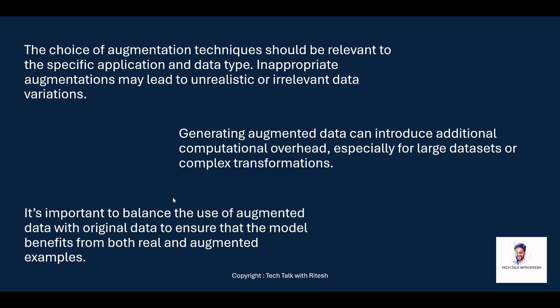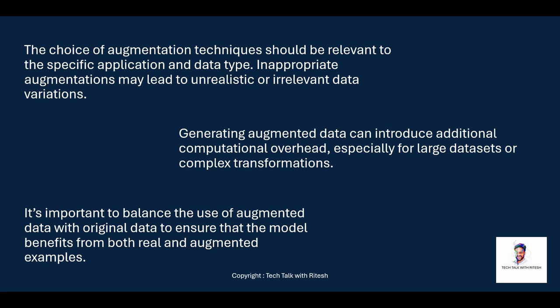The choice of augmentation techniques should be relevant to the specific application and data type. Inappropriate augmentations may lead to unrealistic or irrelevant data variations. Generating augmented data can introduce additional computational overhead, especially for large datasets or complex transformations.